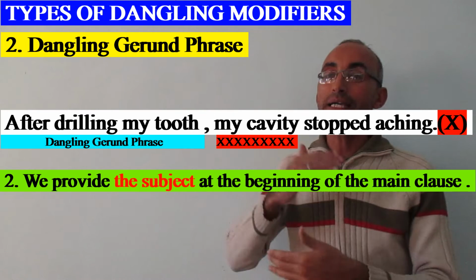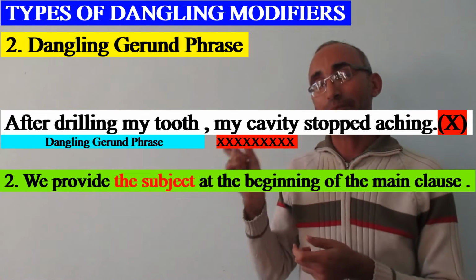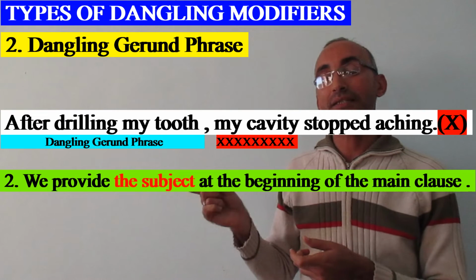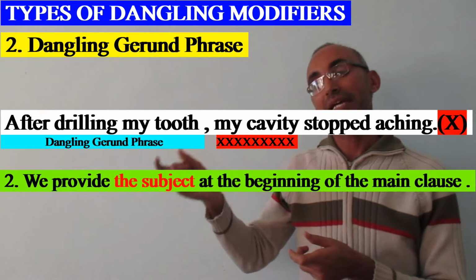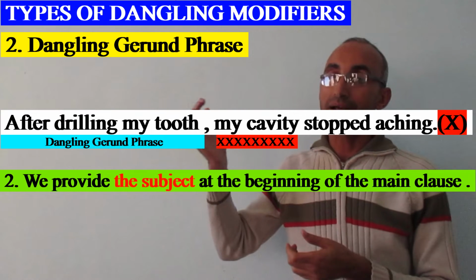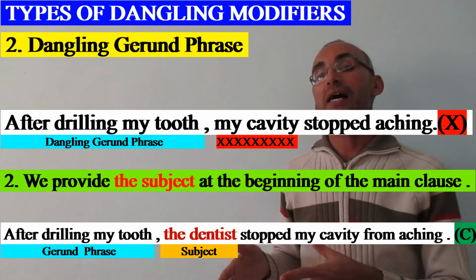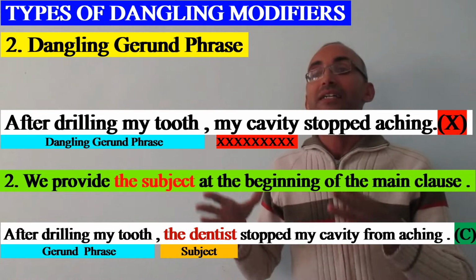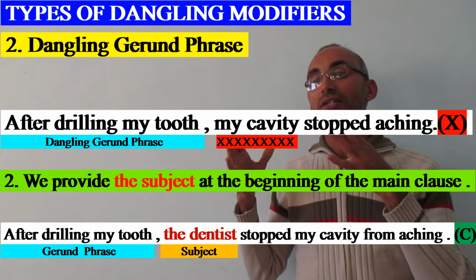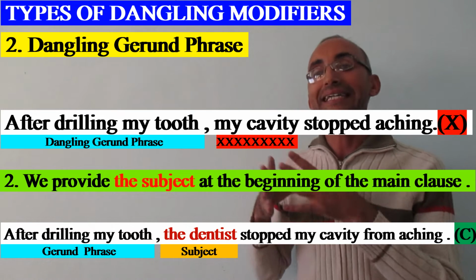Or also I can use a second way by mentioning the missing subject clearly at the beginning of the main clause, after the comma. And I write, after drilling my tooth, comma, the dentist stopped my cavity from aching.